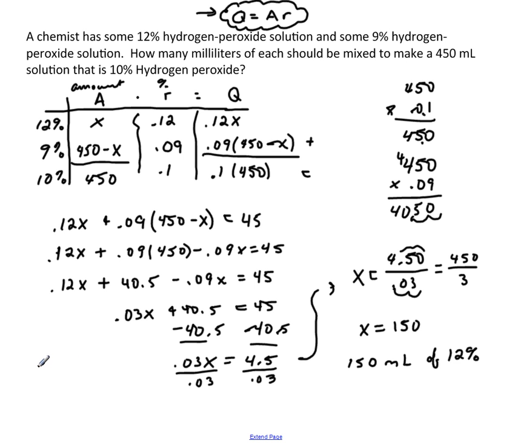I'll even work this off on the side. 450 minus 150 gives us 0, 5 minus 5 is 0, 4 minus 1 is 3, so 300. So we're going to have 300 milliliters of our 9% solution to add with that to get our 10% solution.